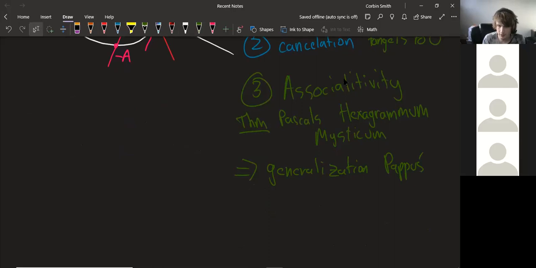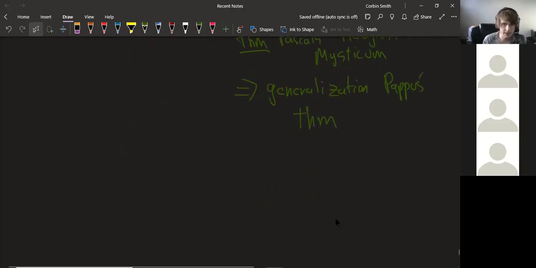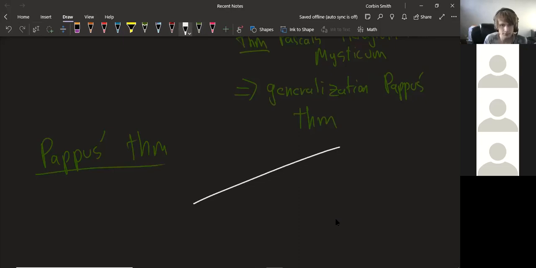So I'll explain Pappus's theorem first. So Pappus's theorem says that we start with a line, or two lines. Okay. So boom, boom. And then we pick points, 3 points on both of them.